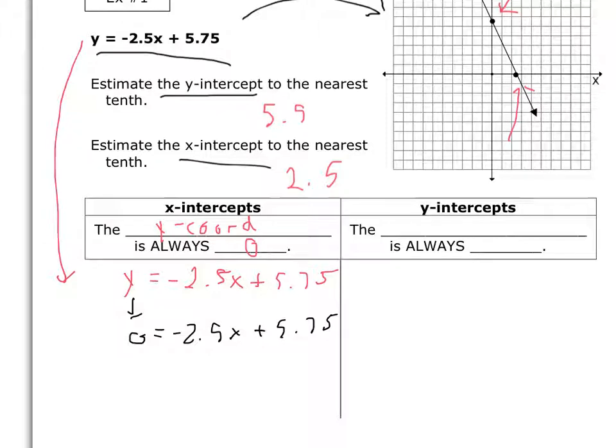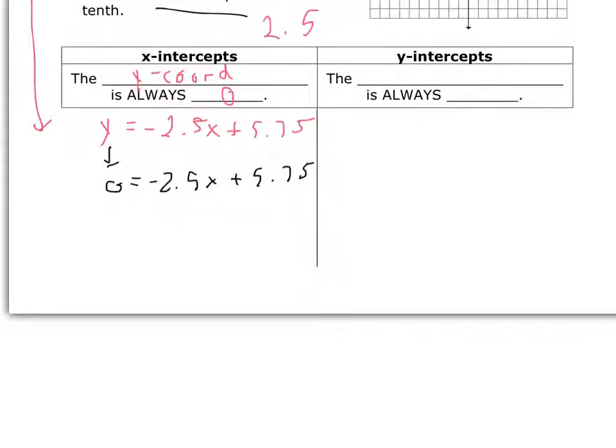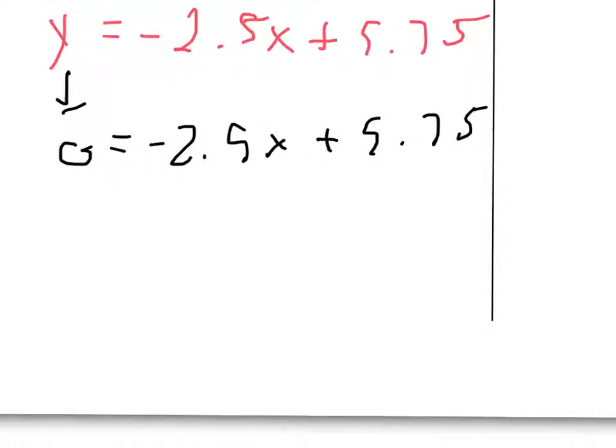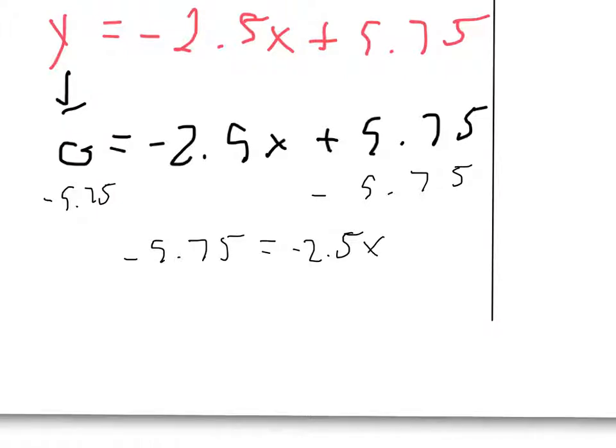Okay, so we need to solve this equation like we've done many times before. Let's get our x's all by themselves. We want to undo addition with subtraction, so subtract 5.75 on both sides. That gives you negative 5.75 equals negative 2.5x.